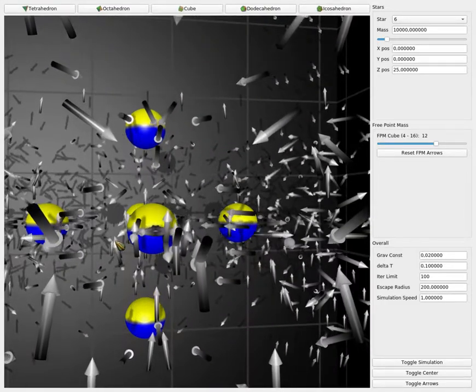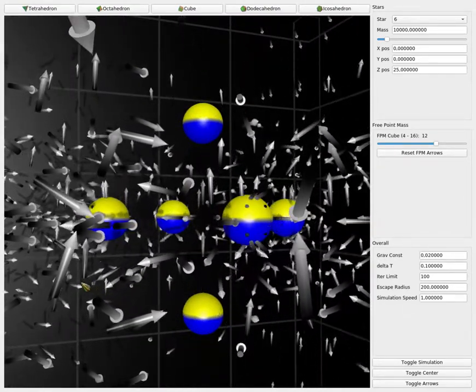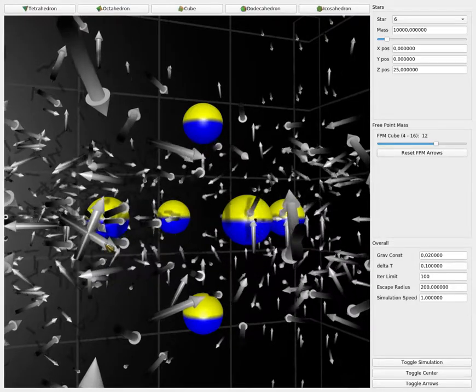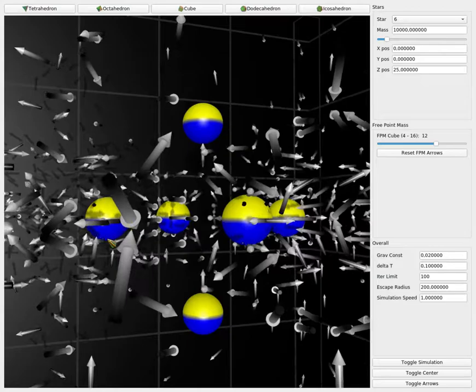Okay, so we can zoom in and see more what each individual arrow is doing. There is no collision detection because, like I said, that's not important for what this is doing.